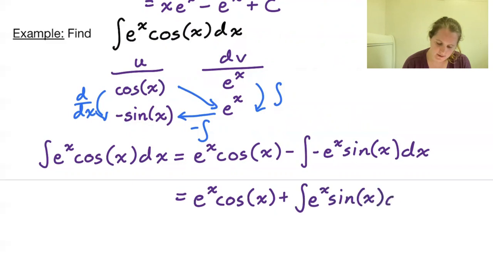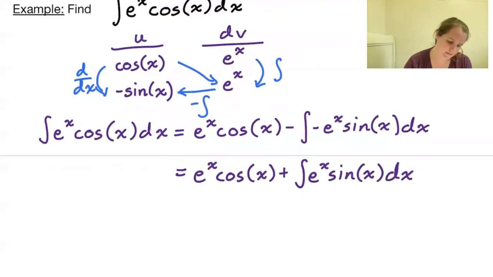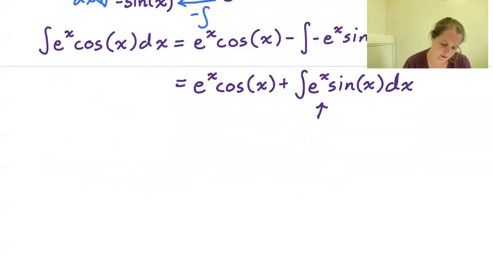So once again, I'm going to use integration by parts. So for this one, let's go ahead and once again set u equal to our trig function. So u will be our sine of x. dv will do our e to the x.